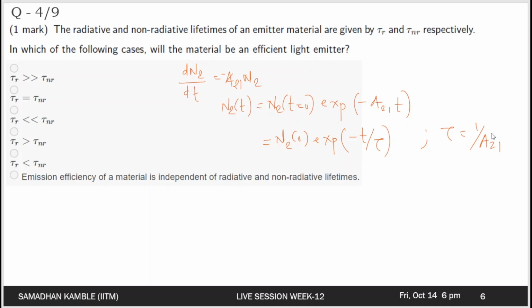This is nothing but the radiative lifetime. In our case it is spontaneously emitted, so it is tau r, the radiative lifetime.